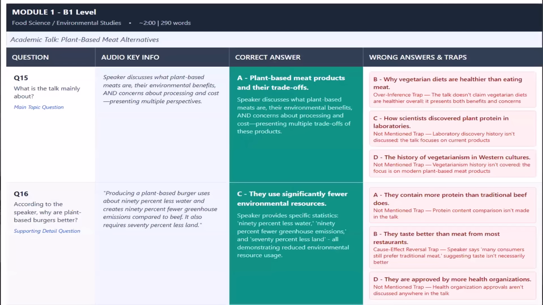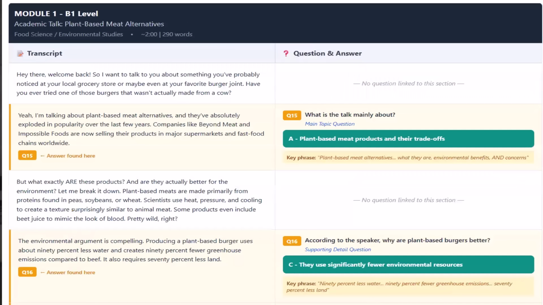And then for the academic talk, number 15 is A, 16 is C. And here it is with the transcript.